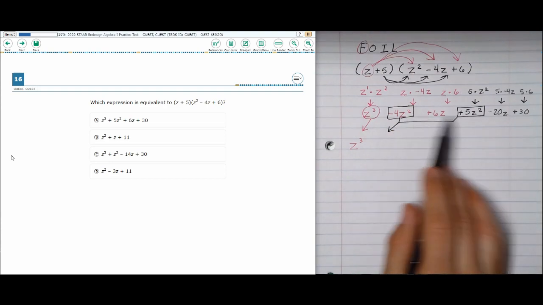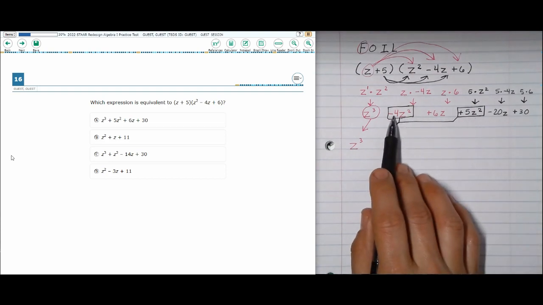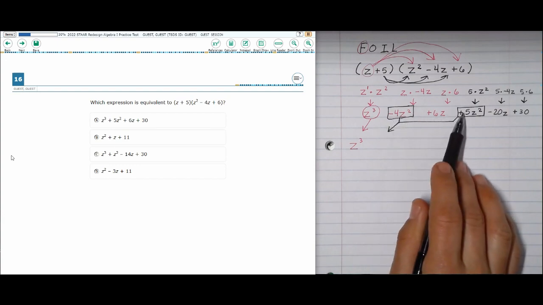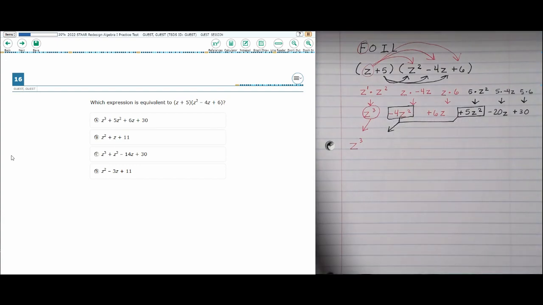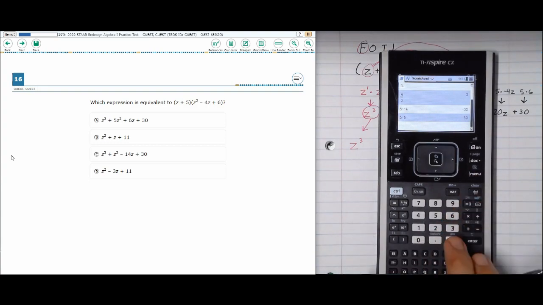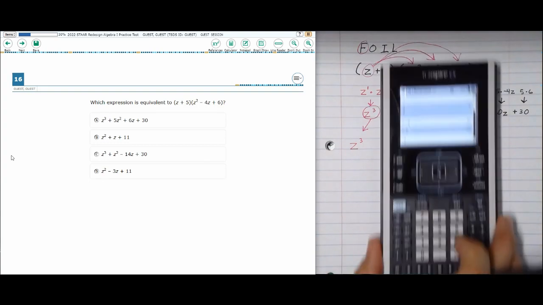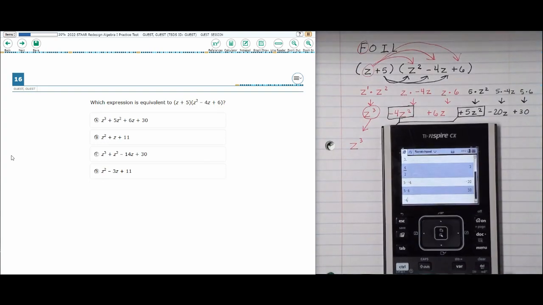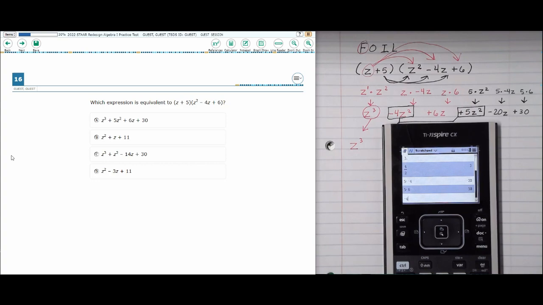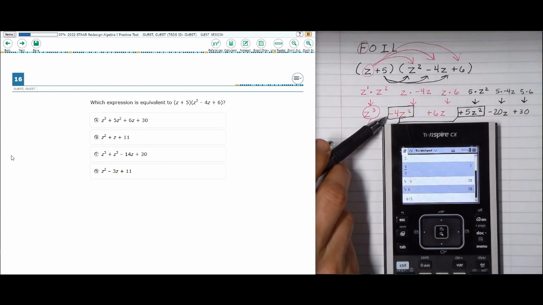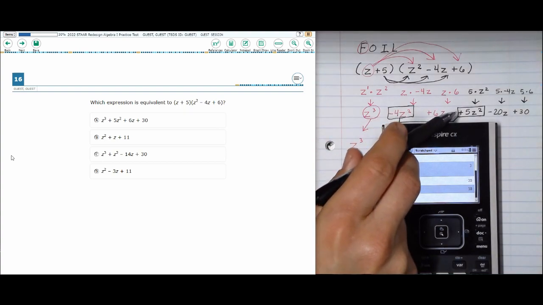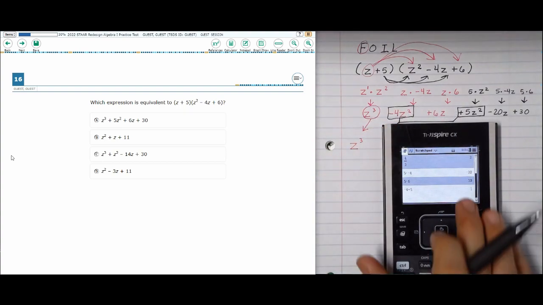So this one is z squared, this one is z squared, but here I have a coefficient of negative 4, and here I have a coefficient of 5. So I'm going to put that in my calculator. Negative 4 for the first one, and then plus 5 for the next one. So I'm just taking the coefficient of the first and adding the coefficient of the second. And it gives me a positive 1.